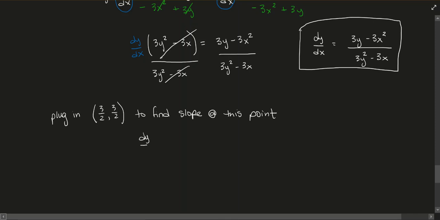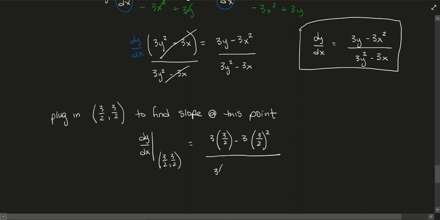So our derivative with (3/2, 3/2) plugged into it, we can write that notation to say that's what we're doing. That's going to look like 3 times y, where y is 3/2, minus 3 times x squared, where x squared is also 3/2. That's our numerator.